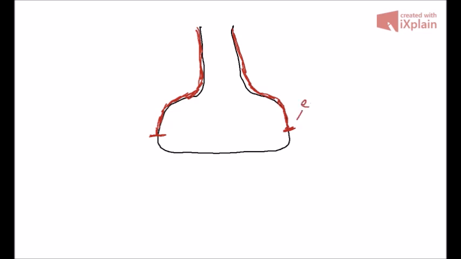And these are called end terminals. And this is called the end bulb. Now, at these end terminals are voltage-gated calcium channels.